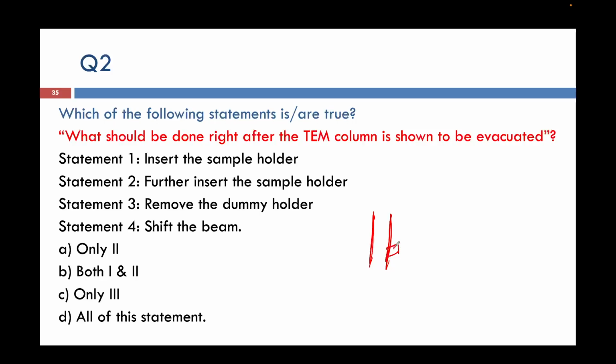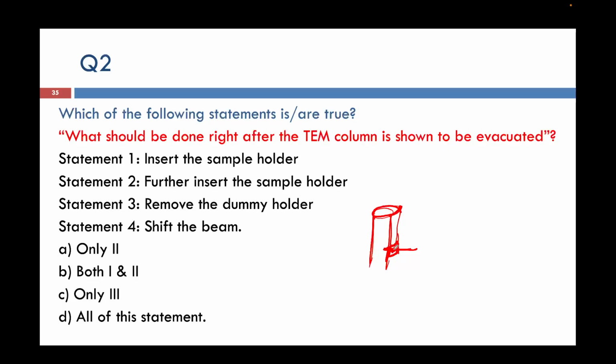Since we are inserting the sample from the side, there would be some gap. To close that gap, we put a dummy holder and then close it, making it completely airtight.